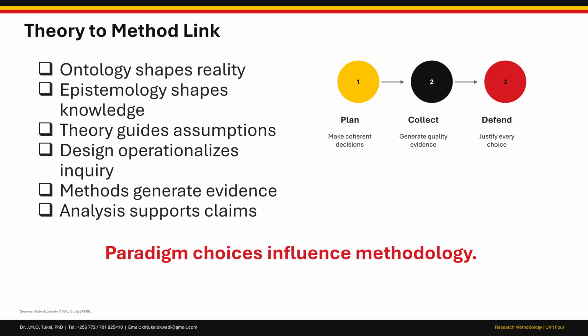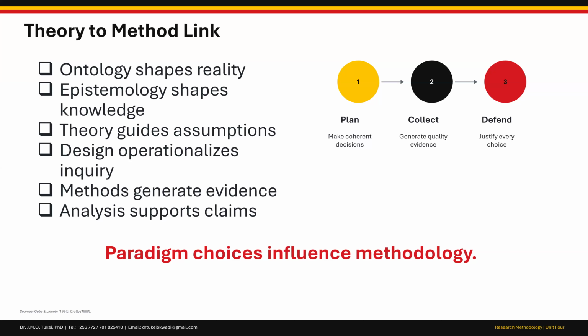If an interpretivist is going to use qualitative data, then that's okay. But you cannot say, I'm an interpretivist, and then say, I'm going to use a survey to collect data. Then it means you are confused. You are not in my class.